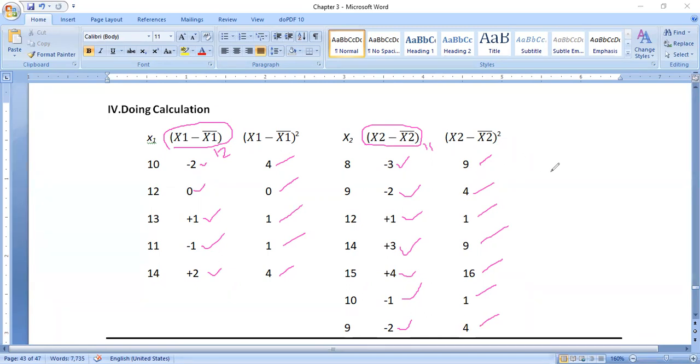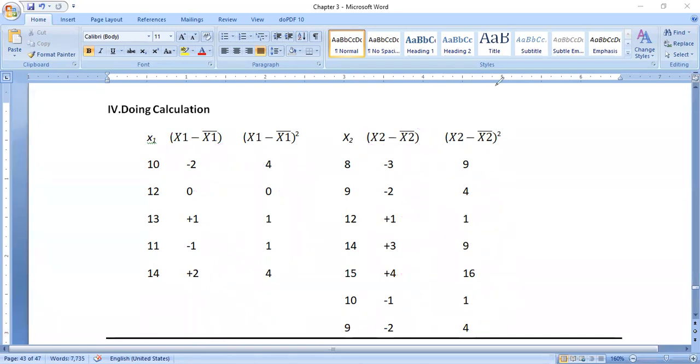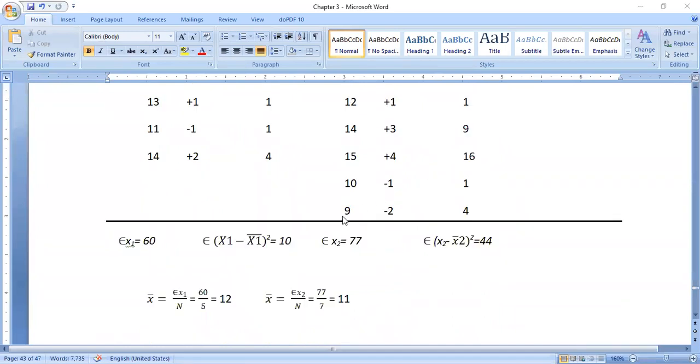When the sigma symbol is added, we need to total 4, 5, 6, then 10. So sigma x1 minus x bar 1 whole square is equal to 10, and sigma x2 minus x bar 2 whole square is 44.